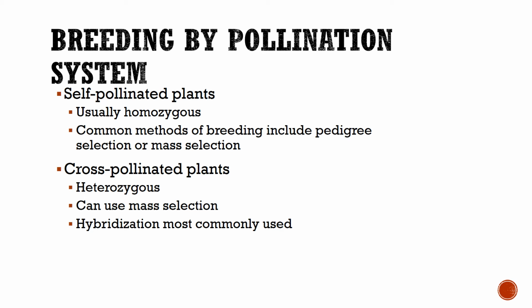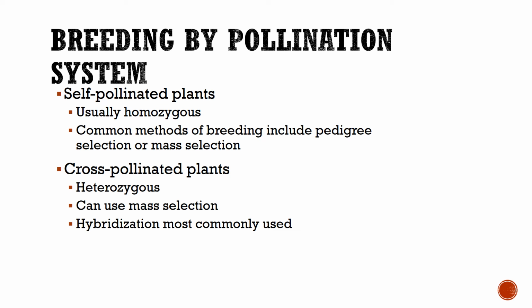So let's go back to self-pollinated versus cross-pollinated. So we've talked about kind of the differences of both and why we utilize both of them, but I want to kind of break down why these are very important.